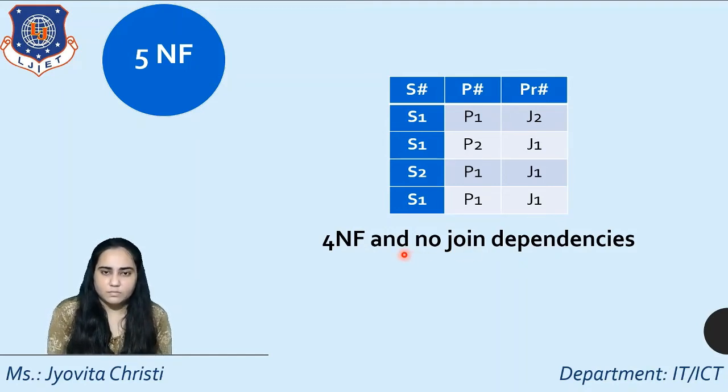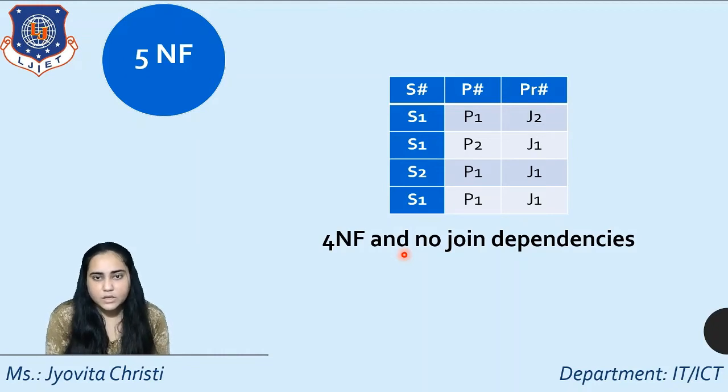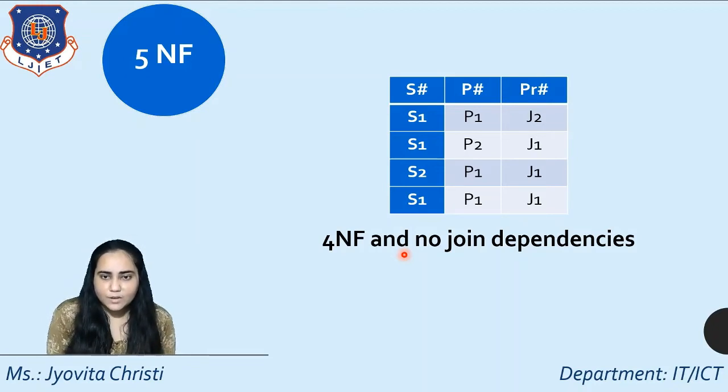Now these are again a different kind of dependency, and once again I can tell you that there is no functional dependency in this table. I would also like to tell you what this table is about. It contains three things: S#, which is supplier number, P#, which is part number, and PR#, which is project number.